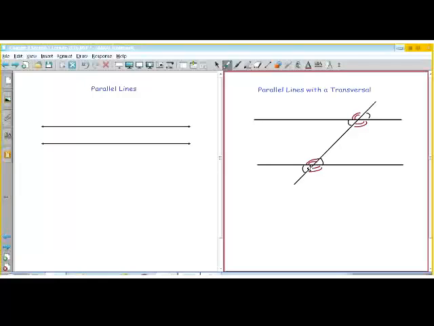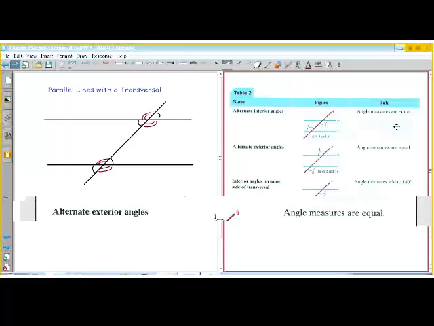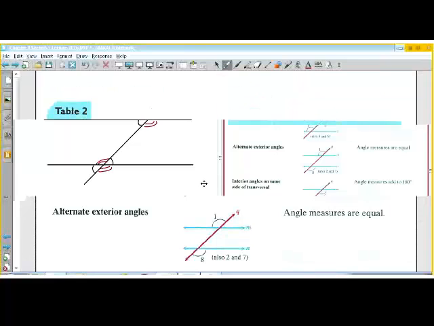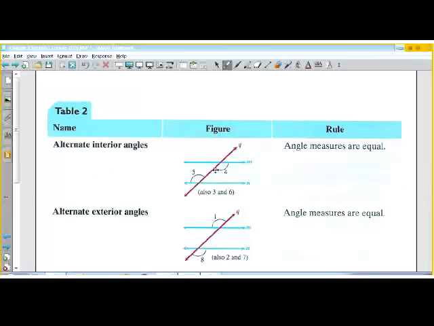Now, all these angles and the specific relationships between the angles have special geometry names. I'm not going to ask you to memorize them. This is just a review. You probably have forgotten what they are by now, because it's been a while since you've taken geometry, but it may come back to you and you'll say, oh yeah, I remember that. So here we have the two parallel lines and the transversal.